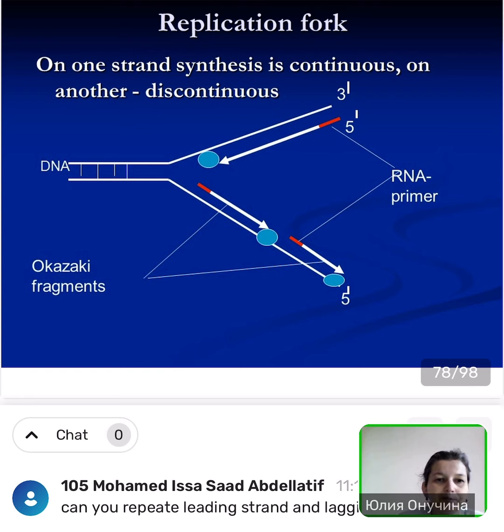So helicase will begin from this point. It will be here, and it cannot be here, because this will be the 3 prime end.